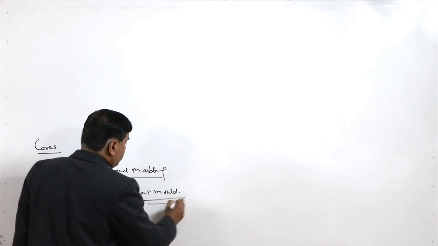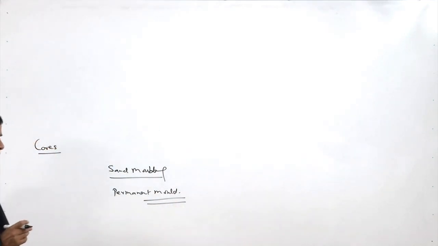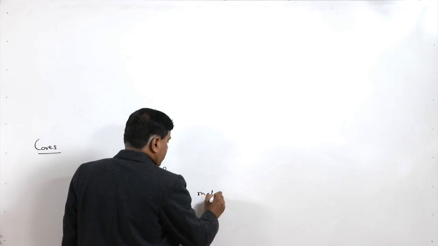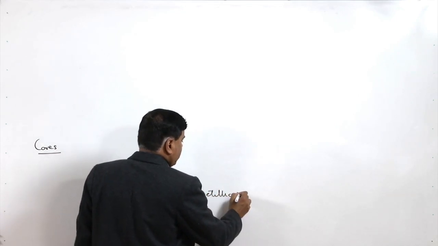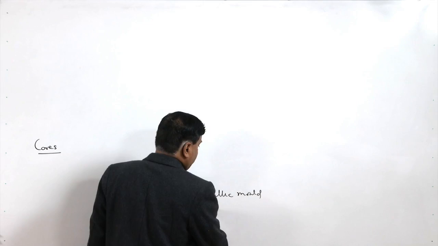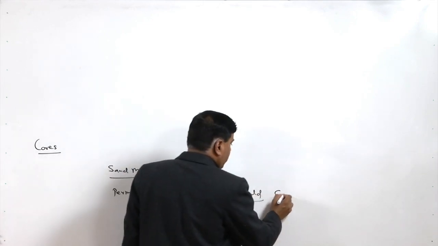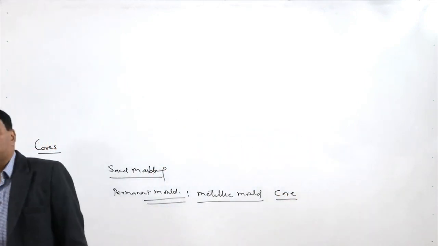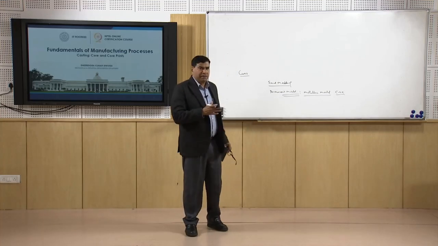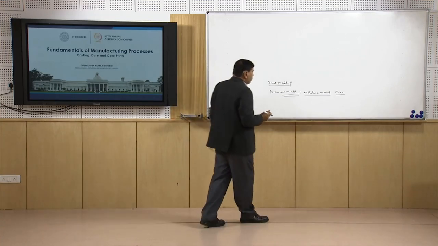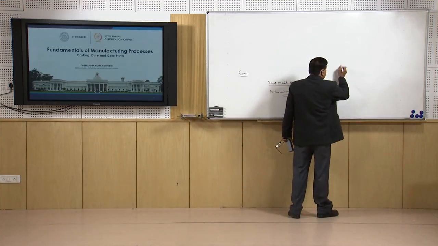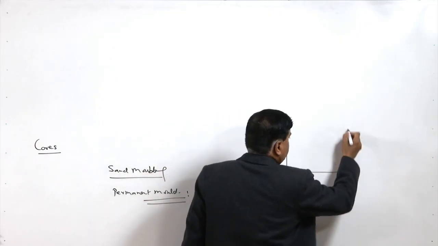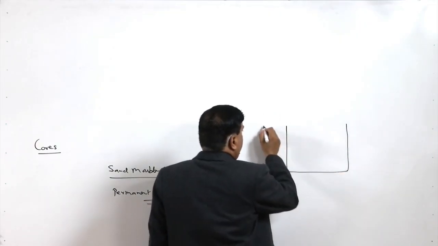Permanent molds are the metallic molds, and in the metallic molds the core is positioned suitably so that the internal feature and the cavity or the hole can be produced.